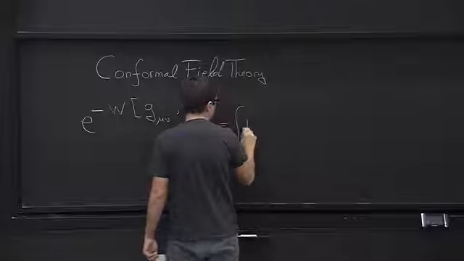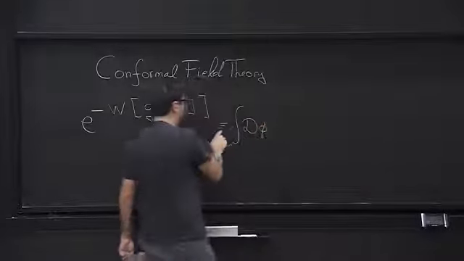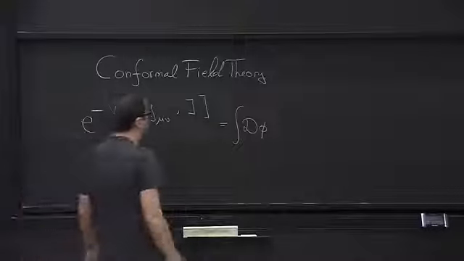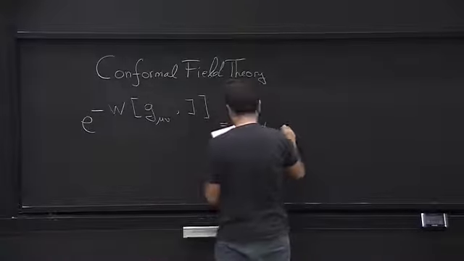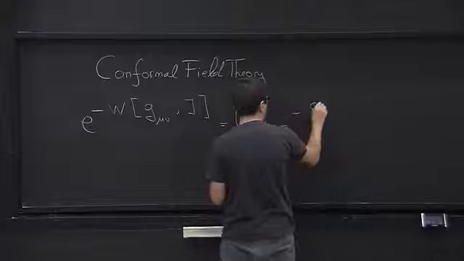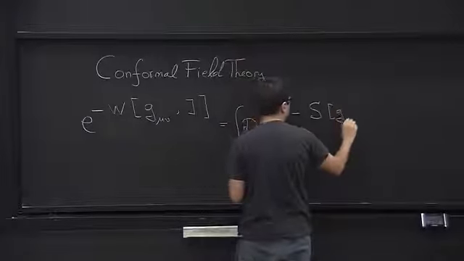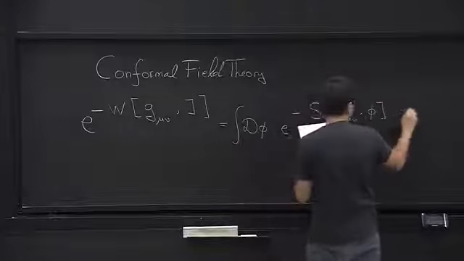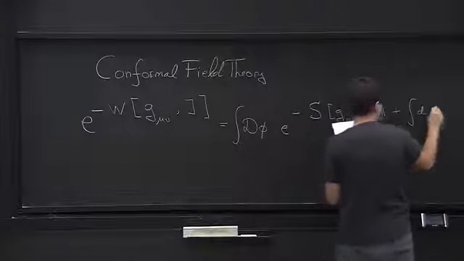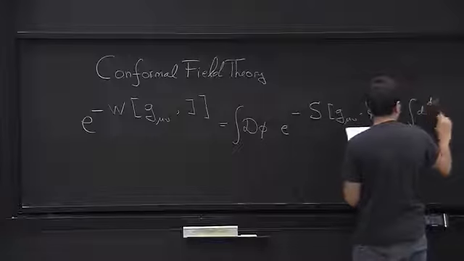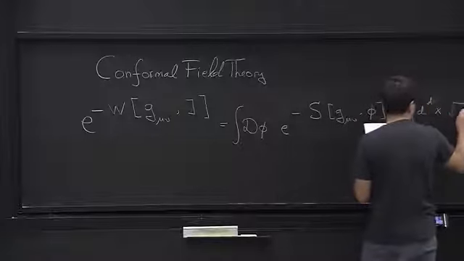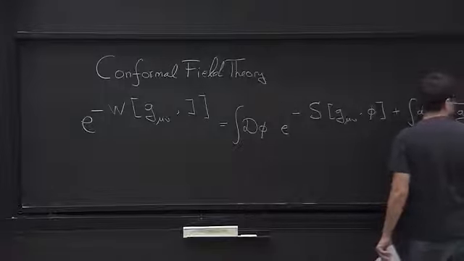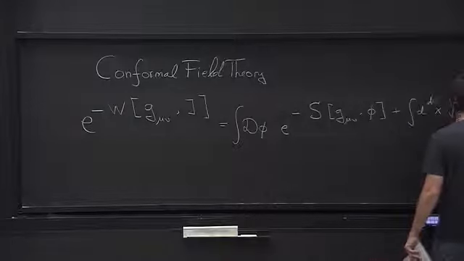If we have a path integral, what is this object? It's some integral over fields, e to the minus some action that depends on this fixed metric g mu nu and this dynamical field phi. And then there is some integral that couples the current with some operators O of x.